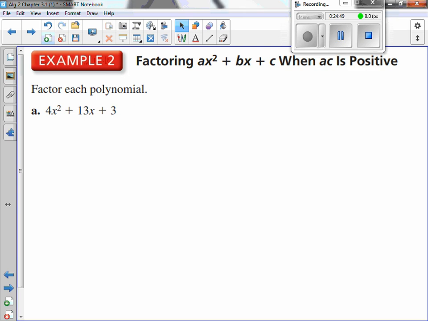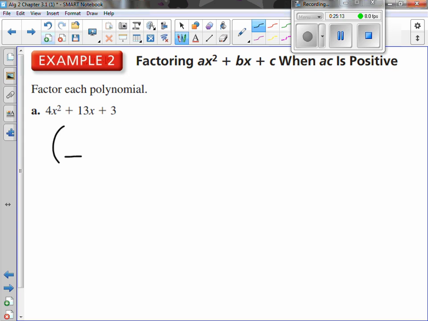Okay, let's look at this one here. First step is, do we have a greatest common factor? No, we do not. So we move on to step 2, which is 2 sets of parentheses with 3 spaces.